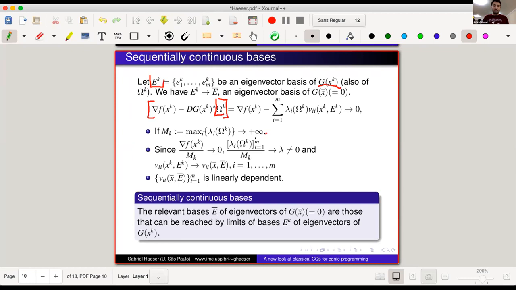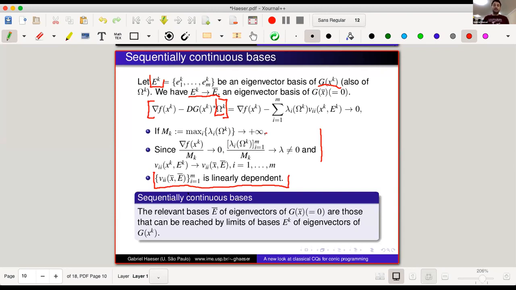If it's unbounded, then you can do some easy tricks here, and you arrive at a linearly dependent set. Taking the limit, ek converges to some basis e bar, and this vector is linearly dependent. So this contradicts the non-degeneracy condition.